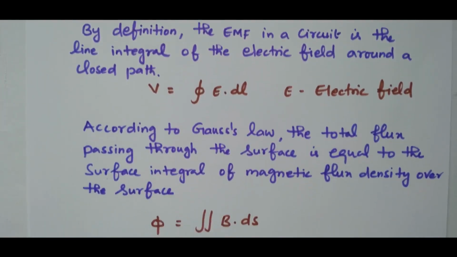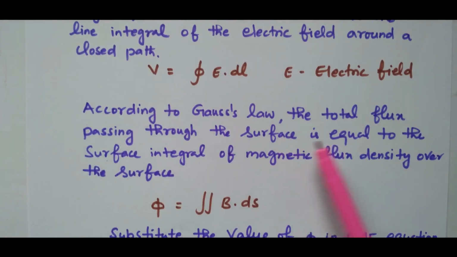According to Gauss law, the total flux passing through a surface is equal to the surface integral of the magnetic flux density over the surface. So phi equals double integral B dot ds. Right, now we got the expression for phi.